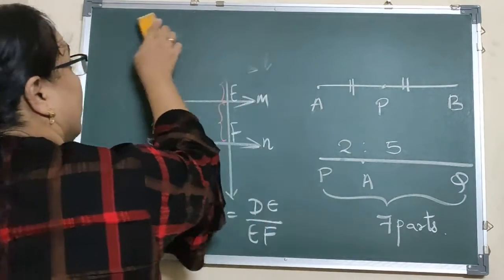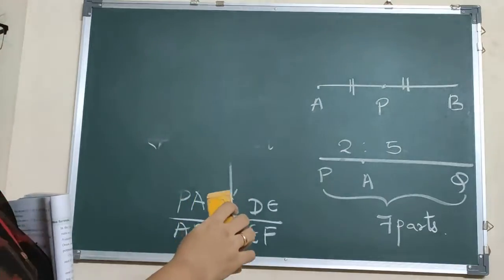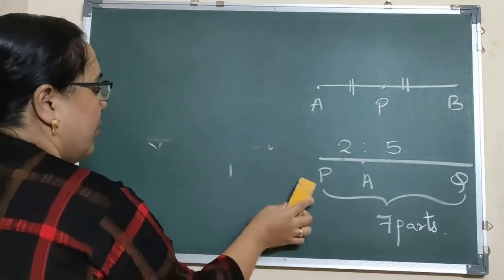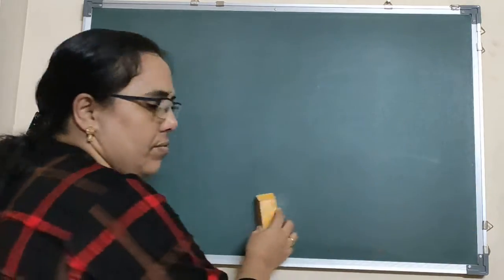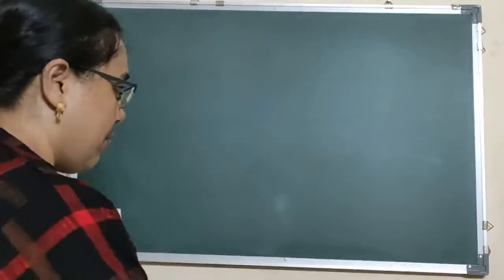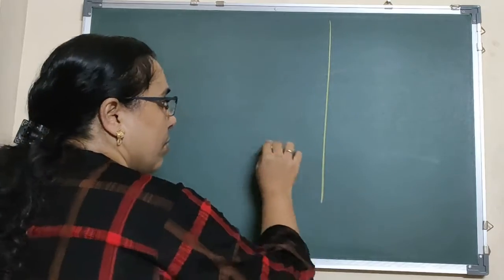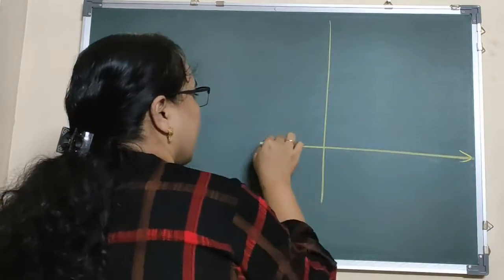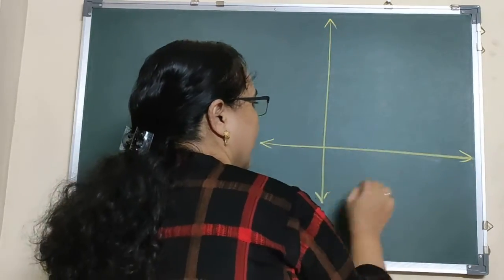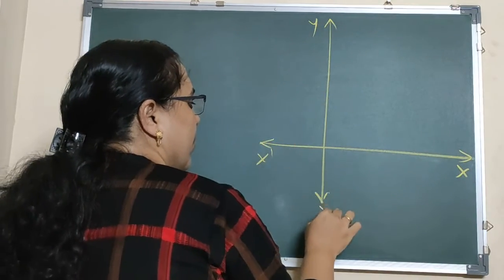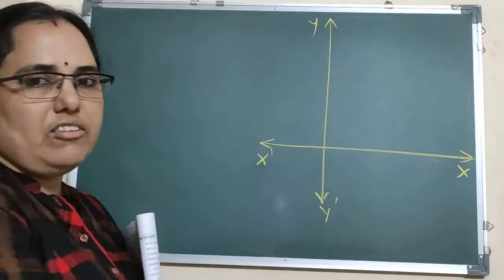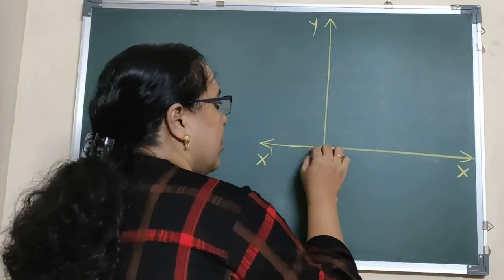Now the need to know this is because to understand the derivation of section formula. This is my XY plane. This is the origin.